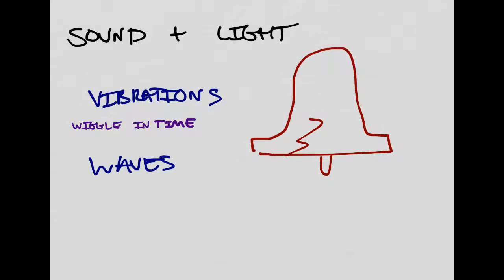And now this is in comparison to a wave, which travels through both space and time. So when a wave propagates, it moves from one location to another. Both light and sound are examples of waves. They move through both time and space.